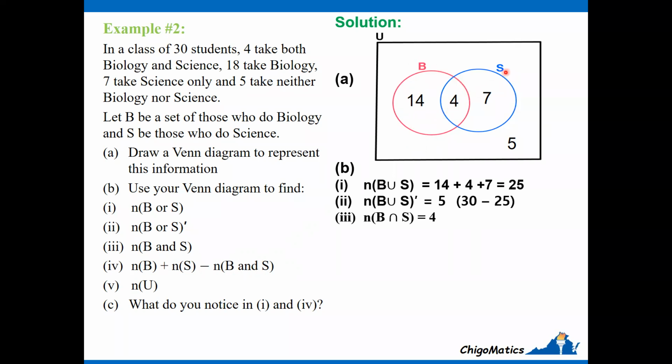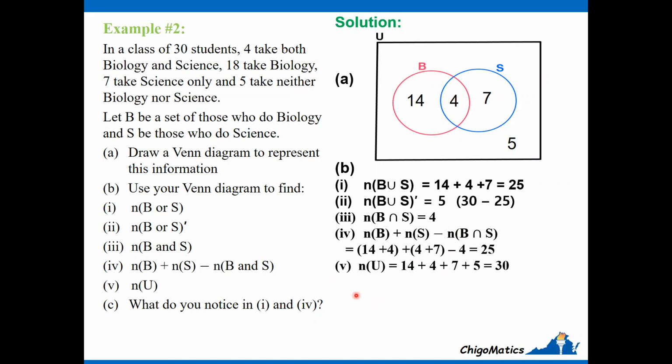Those who do science, if you go to the blue circle, they are 11. So we add the number of those who do biology to the number of those who do science, then minus the 4 who do science and biology, and the answer is 25.